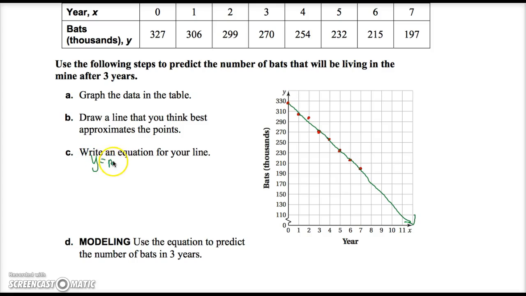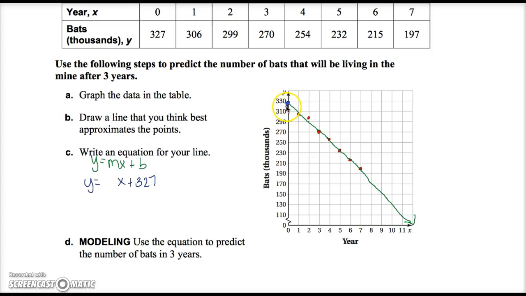So again, we'll follow this format, y equals mx plus b. Again, your y-intercept, where does it cross the y-axis? And that is up here, and if you remember back from the table, that was at 327.